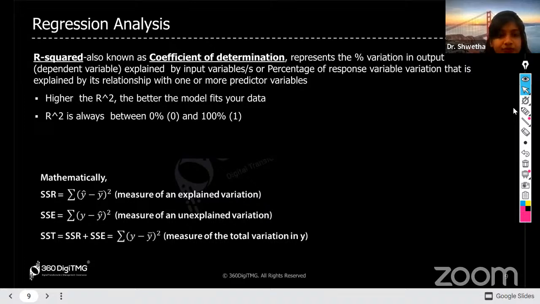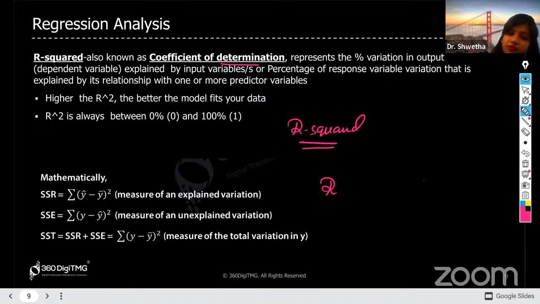Now, R squared is also known as coefficient of determination. R squared is the value which we see to understand how good the model is. This can also be called goodness of fit.